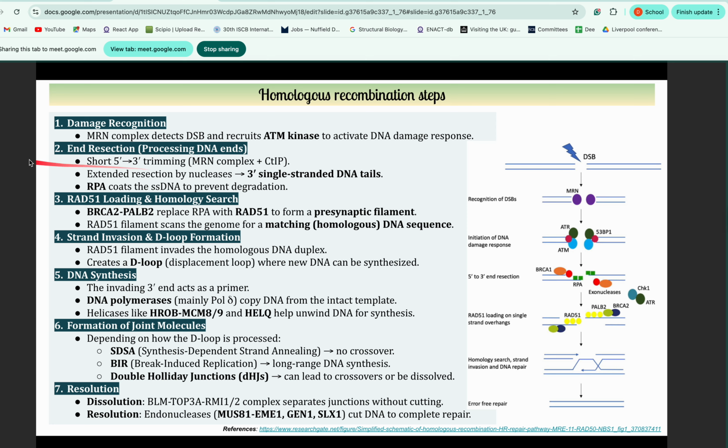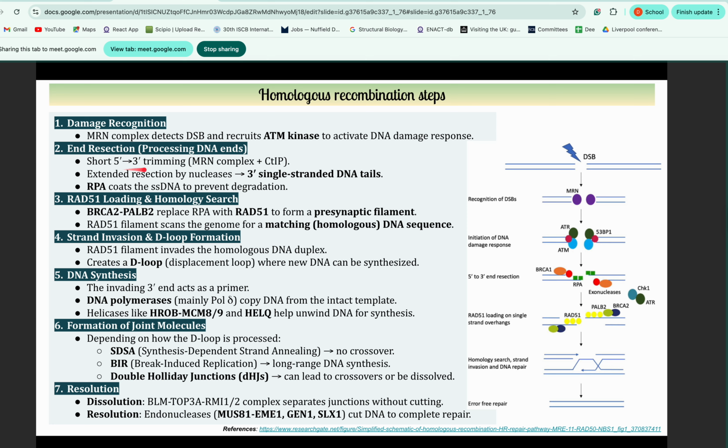Then comes end resection, in which these ends are processed. This means they are cleaved to generate the single stranded DNA part, so that we can start the new repaired DNA from there and synthesize a new strand. So this processing takes place.